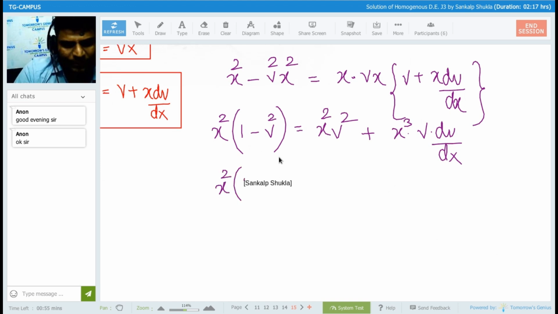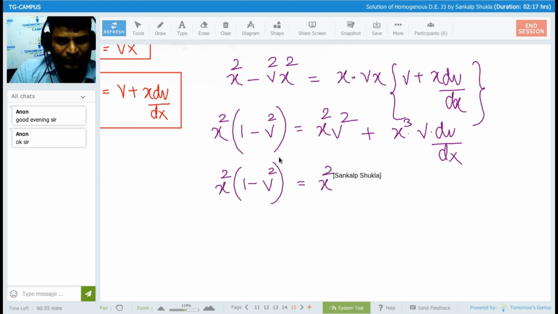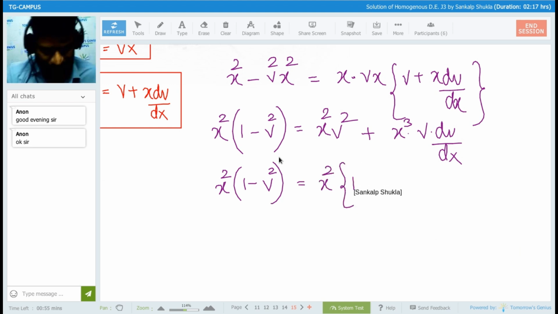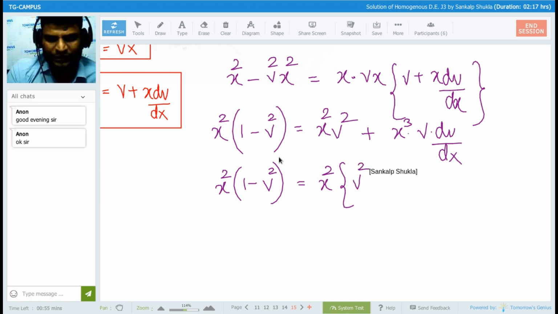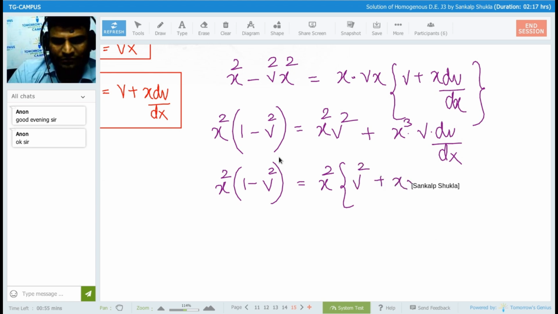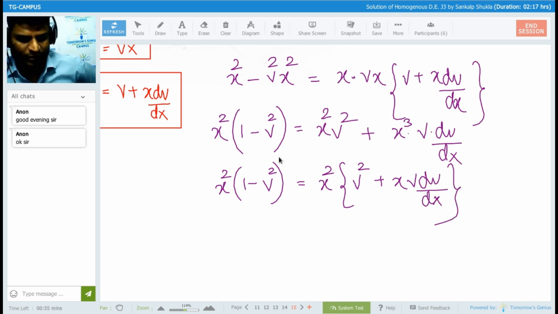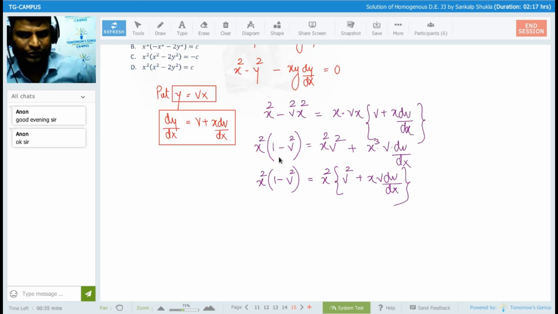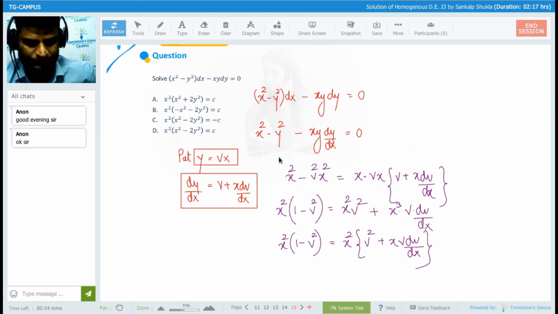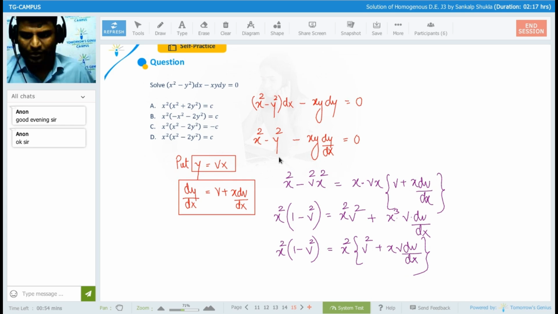Alright, so x square into 1 minus v square, and again you can take x square as common, so this will become v square plus x into v dv by dx. And then you can solve this question on your own. Okay.